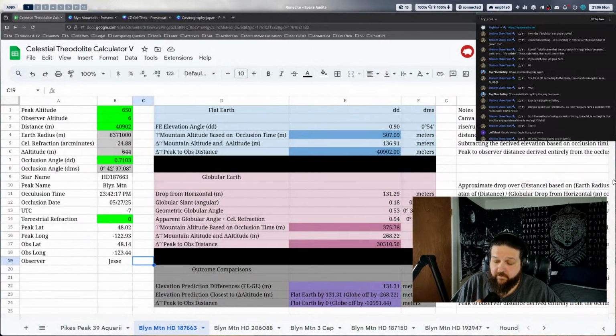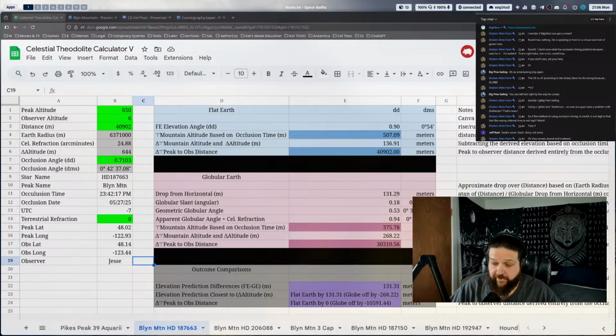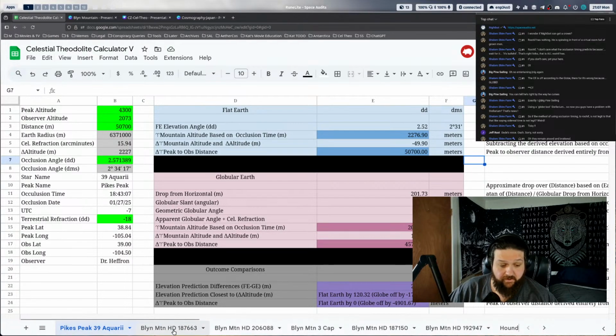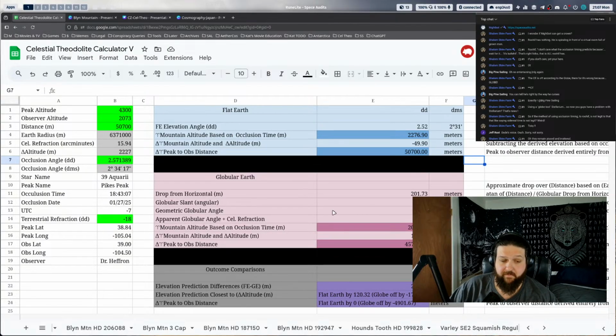To be clear, we failed to falsify our null hypothesis, that the Earth is flat. Our hypothesis was that the Earth is a globe. We failed to falsify. None of these measurements indicate that the Earth is a globe. If I can backwards derive my elevation and approximate the elevation of a mountain closer than a globe can using flat Earth trig, then the globe is an unnecessary part of the coordinate system.